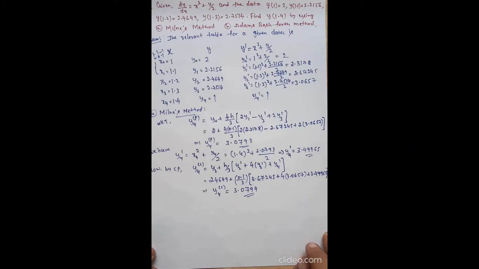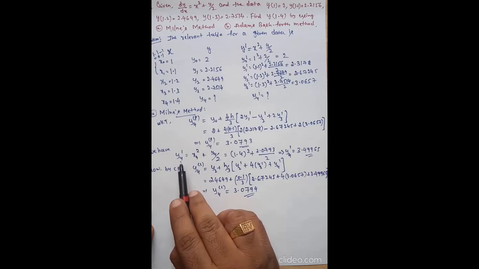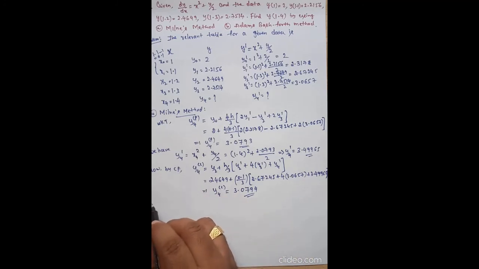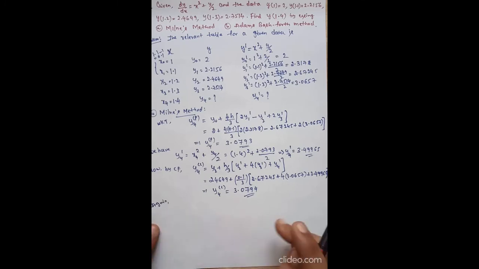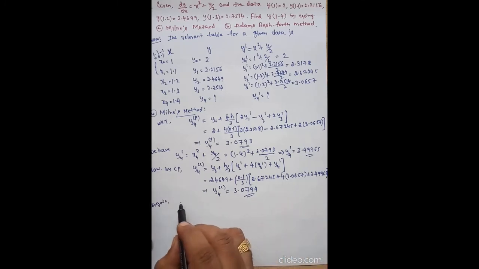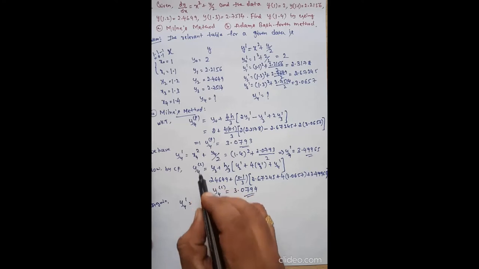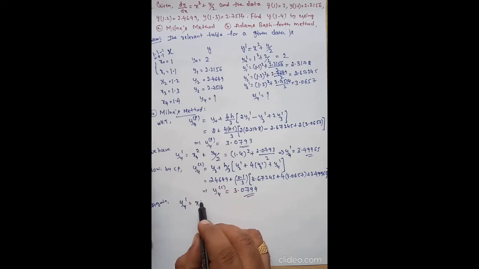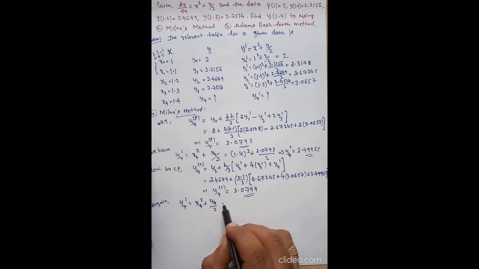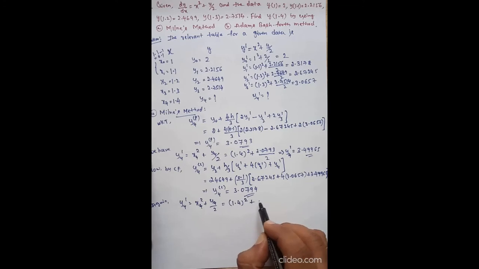So to apply the corrector formula again, I need to repeat from this step, I mean from y4 dash. We'll repeat now. Again, y4 dash equals, the formula is x4 square plus y4 by 2. This is equal to 1.4 whole square plus y4.